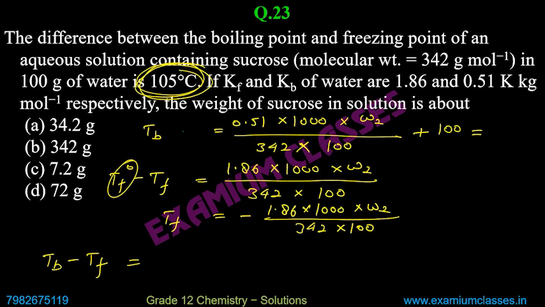It will be approximately 0.0148. Whatever value you get, substitute those values, and this is given as 105. When you substitute it as 105, you will get the value of W2. This is the only unknown.